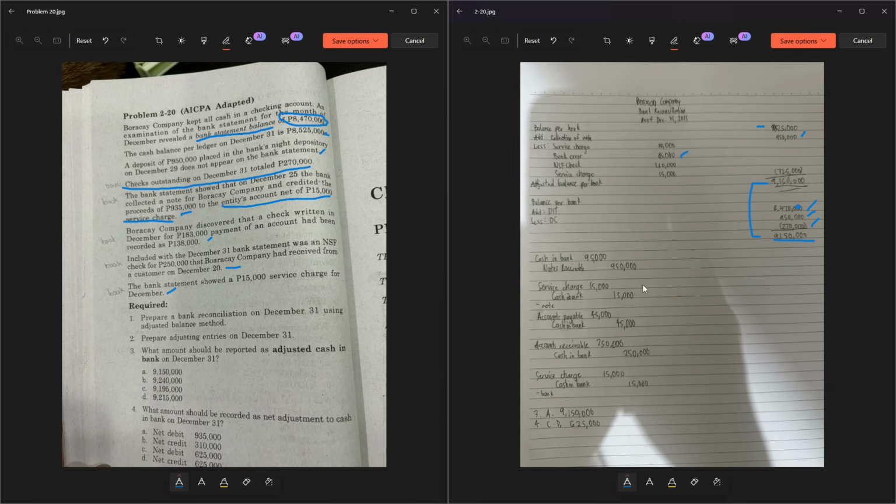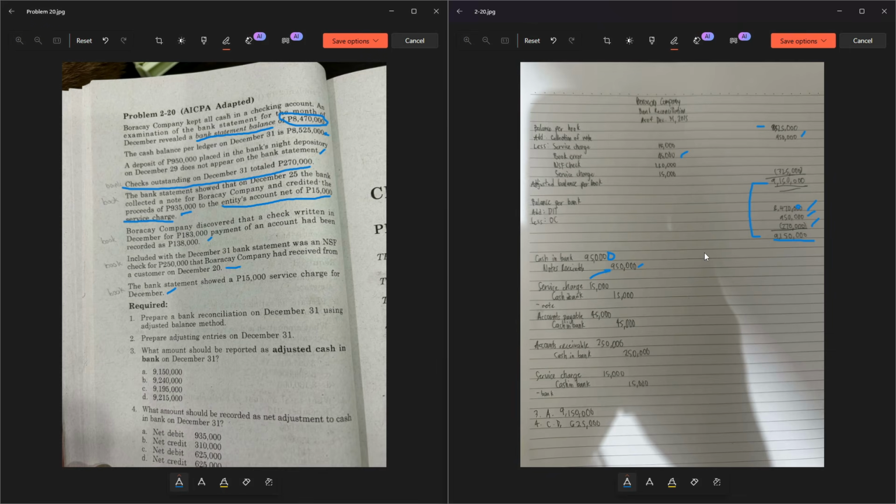Then for the adjusting entries, cash in bank of 950,000, error sa pagsulat ko. Then notes receivable of 950,000. 950,000 was the face value of the note. Then if service charge for the note and cash in bank of 15,000, kasi nga binawas itong service charge na to dito.